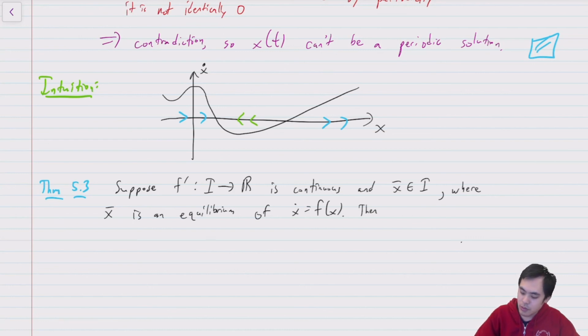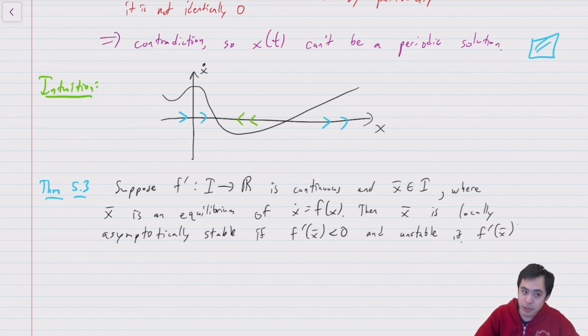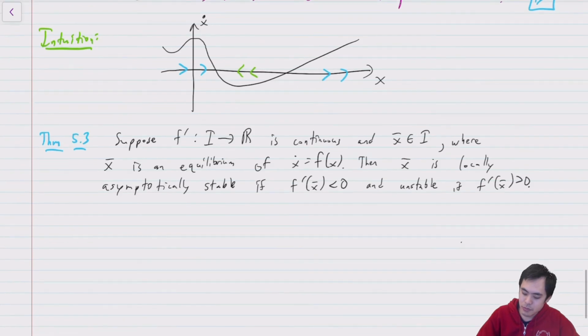Then we know that x bar is locally asymptotically stable if the derivative at x bar is less than 0, and unstable if the derivative at x bar is greater than 0.